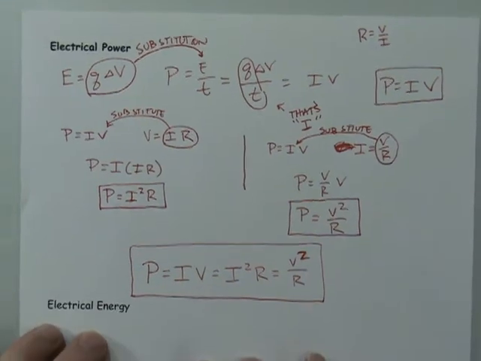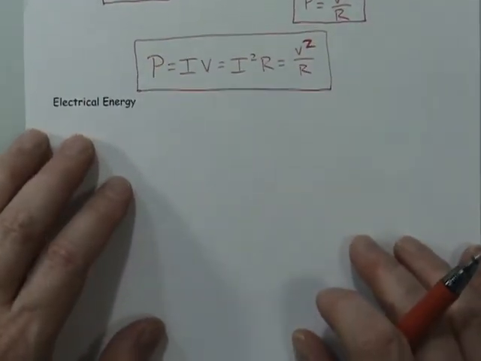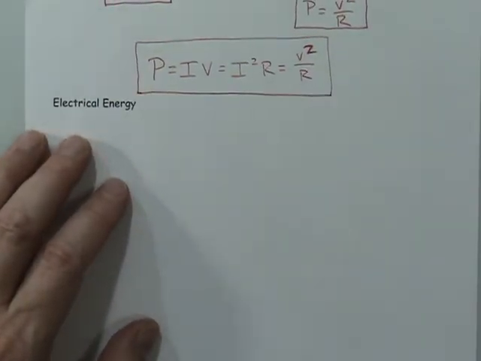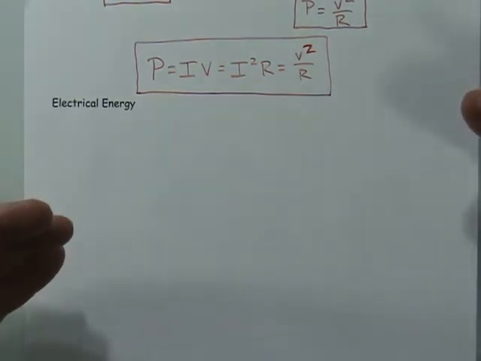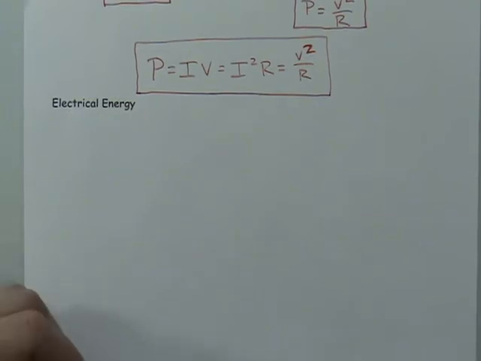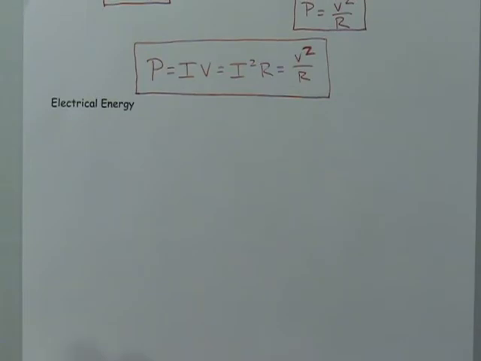So in order to think about electrical energy, we have to think about a new unit, because the unit of energy that we've been using, the joule, is actually a pretty small unit of energy. Every human being, on average, uses more than about 8 million joules of energy just from the food you consume each day. So a joule is not a very big unit of energy, and as you can imagine, your house takes a lot of energy.